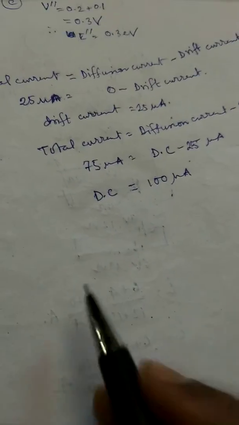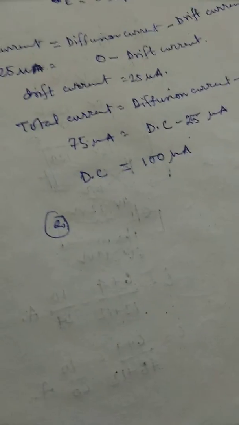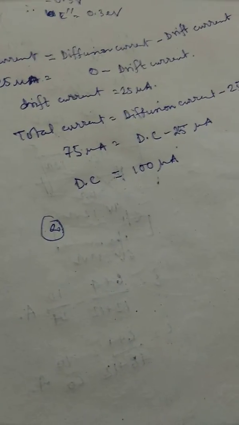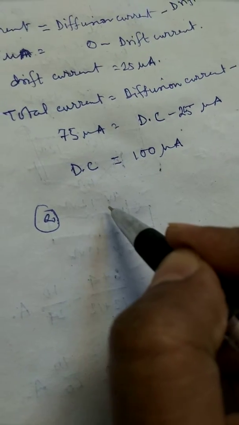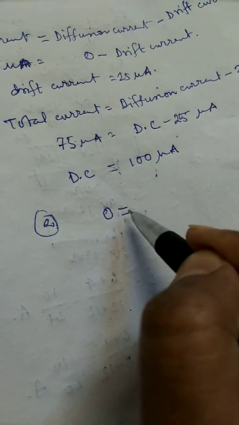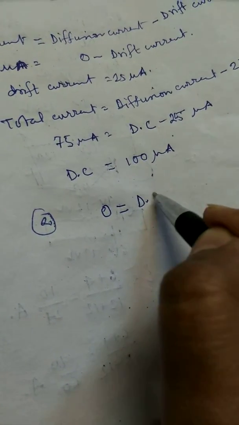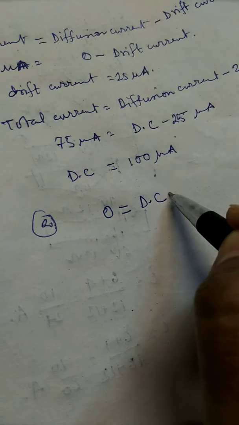Now, for part A, they have told that the semiconductor is unbiased. Look, always remember, unbiased semiconductor gives zero current. Why?